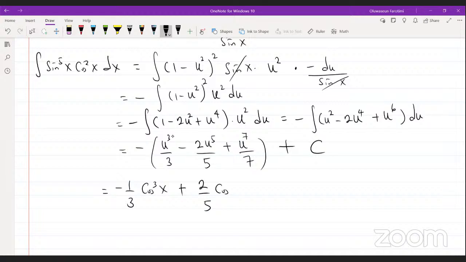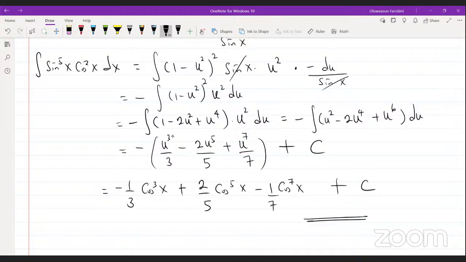So you have cosine to the fifth power of x, and then minus, this should be a negative, guys, because negative times positive gives you negative, 1 over 7 cosine to the seventh power of x, then plus c. Yes, so right now we're done. So you see how to handle some of these mixed things with this sort of variation, and then you can get your solution from there.